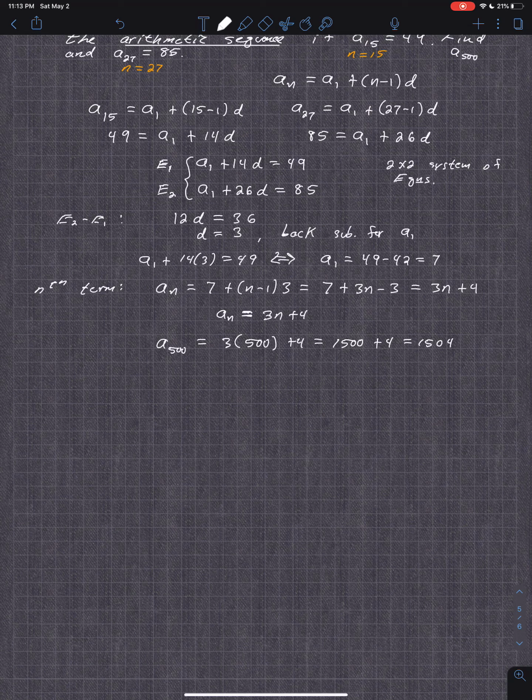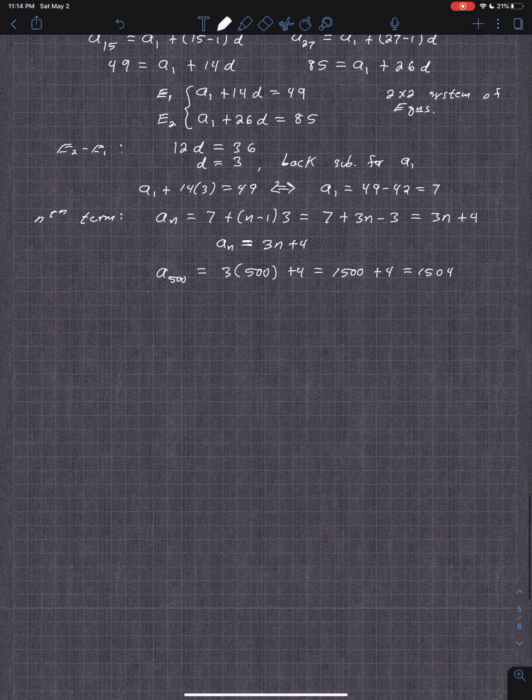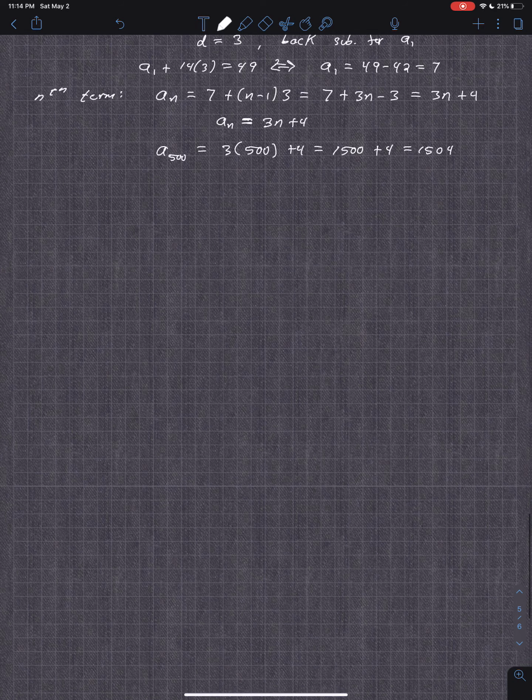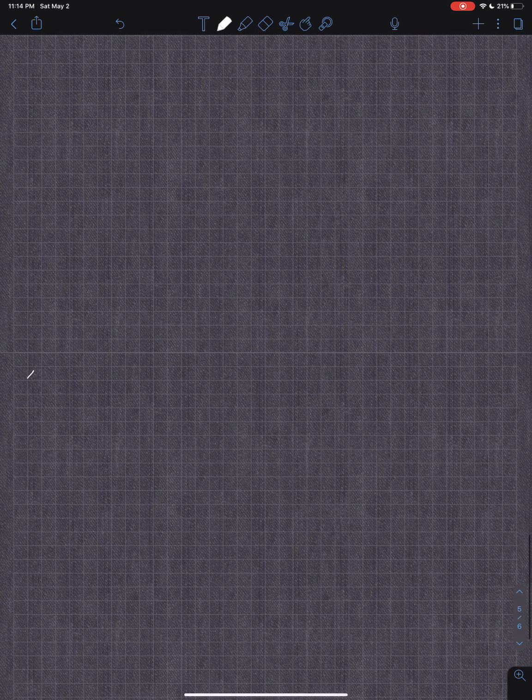Okay, so that was an example. We're going to go on now to summations, or the sum of an arithmetic sequence. Next thing here, let's go ahead and just go to the next page. Makes my pages look a little better.